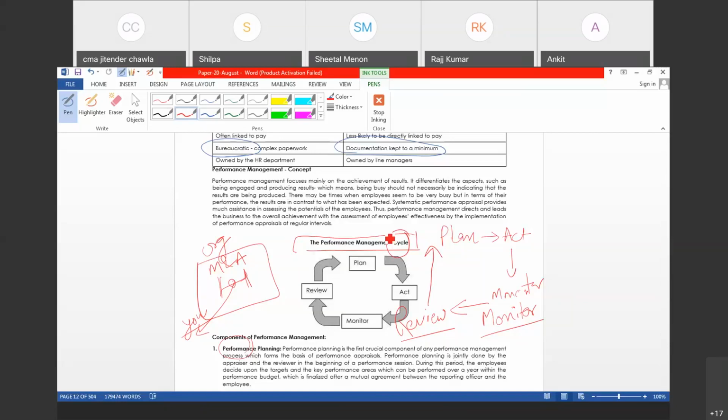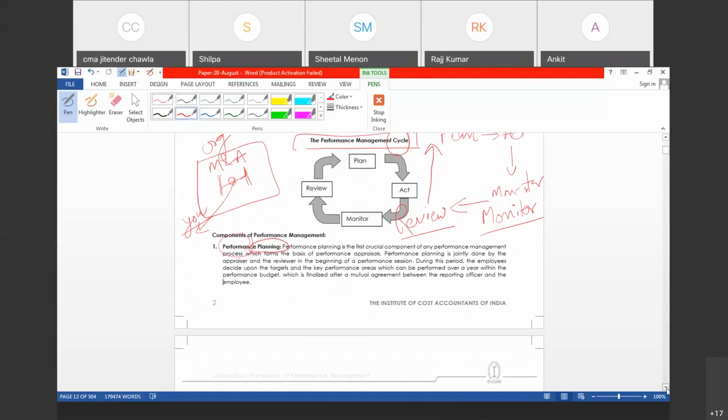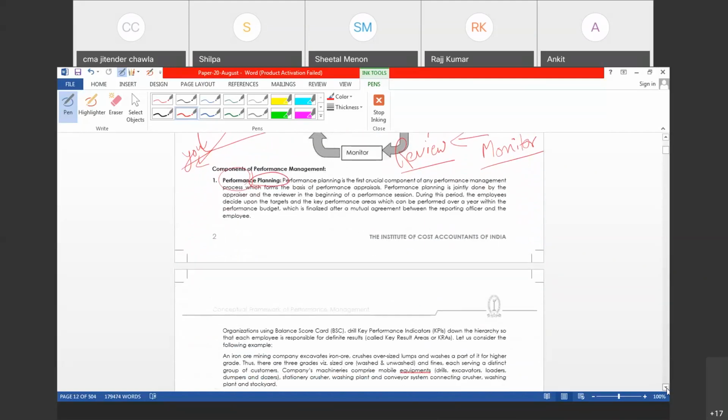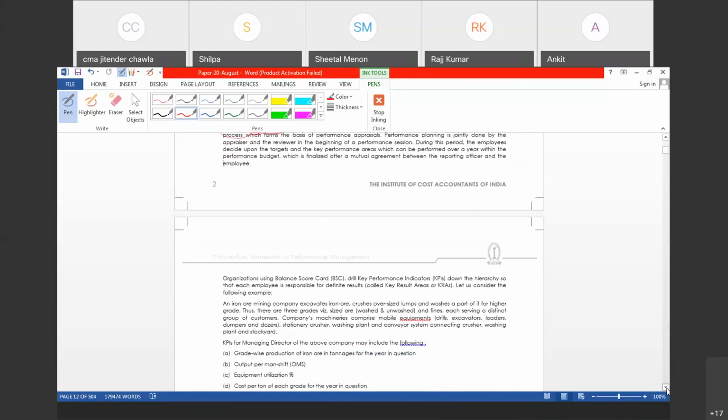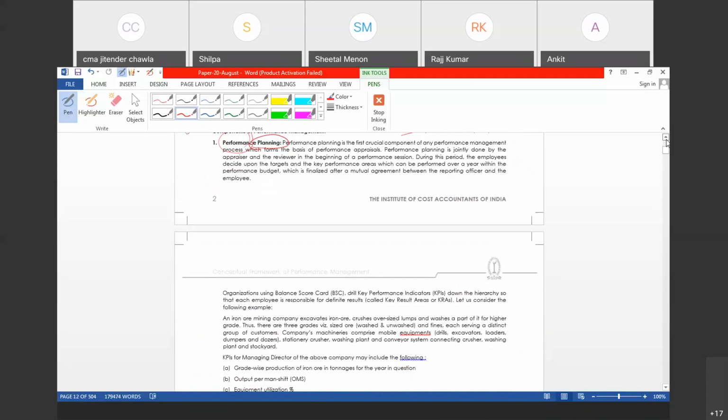So if you ask me, sir, what are the components? First component, definitely planning. Any one of you can message in the chat box. What do you mean by planning? No issue. Planning is filling the gap between where we are and where we want to go.